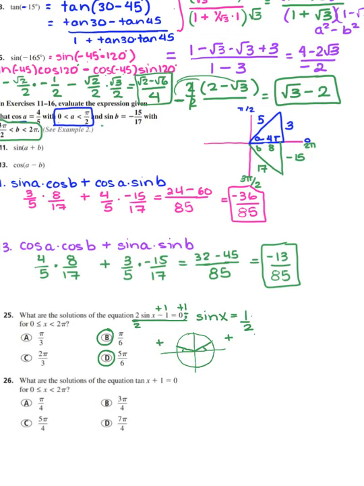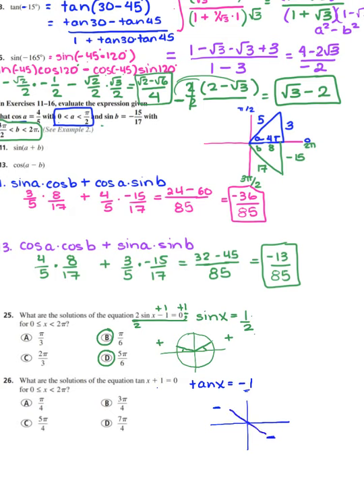On this next one, where is tangent x plus 1 equals 0? So let's isolate our tangent. Where does tangent equal a negative 1? Well, tangent, remember, is sine over cosine. So wherever those two have the same coordinate, which is all your 45-degree angles, but we want it to be negative, tangent is negative here and here.